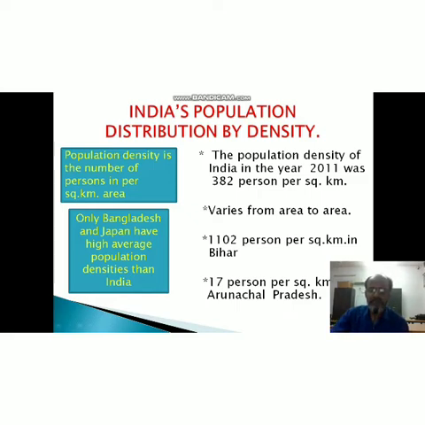That means in 1 square kilometer area only 17 persons are residing. And if we see, Bangladesh and Japan, two countries, have higher average population densities than India. Only Bangladesh and Japan.